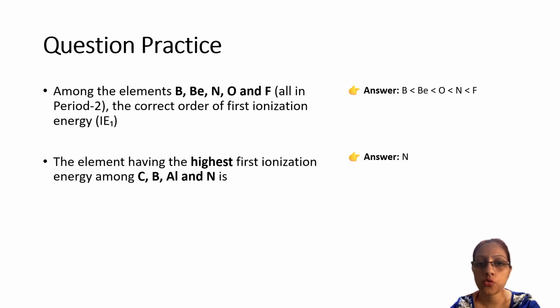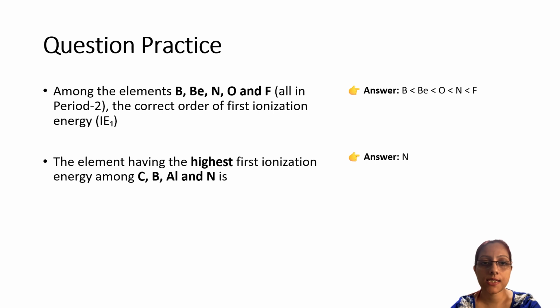Carbon has 2p2 and nitrogen has 2p3, that is the half-filled electronic configuration. And aluminium is in period 3, a different period altogether, and it has its last electron in 3p1. So the most electronically stable configuration here among these elements is nitrogen. So the correct answer will be nitrogen, having the highest first ionization energy.